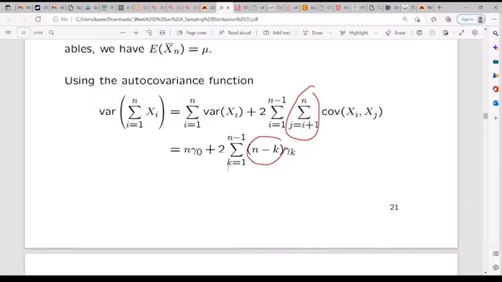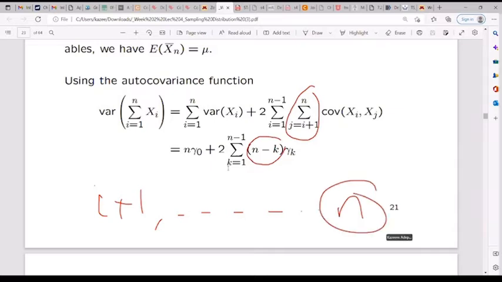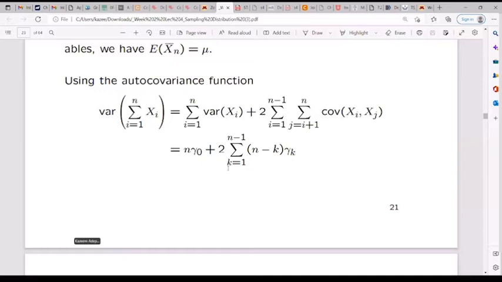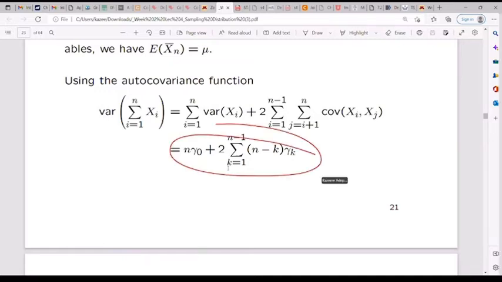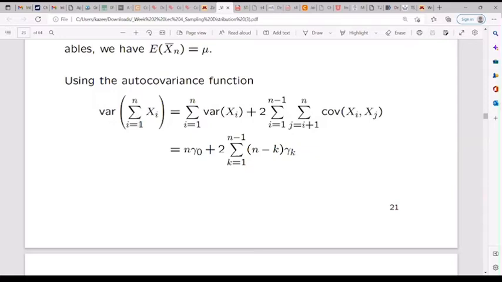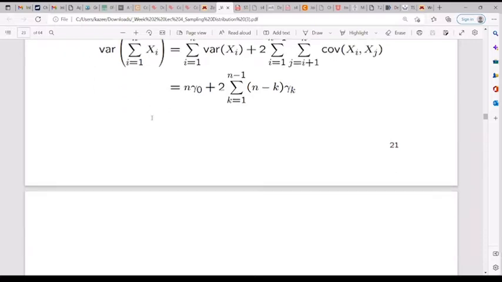When j starts from i plus 1 and you continue until you get to n, that is the same thing as n minus k. Now we have this, and it's basically the variance of the sum applied to a time series variable.